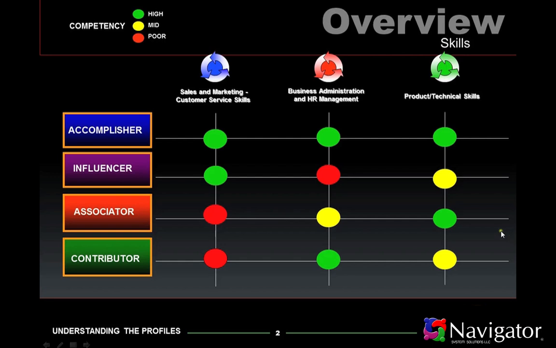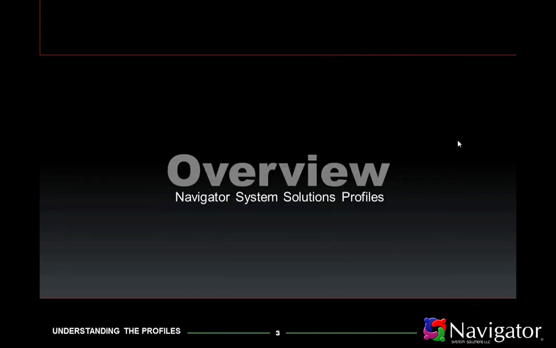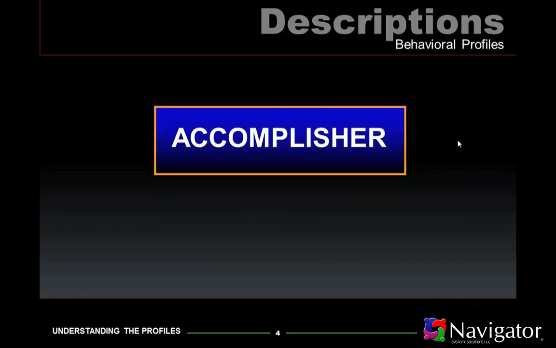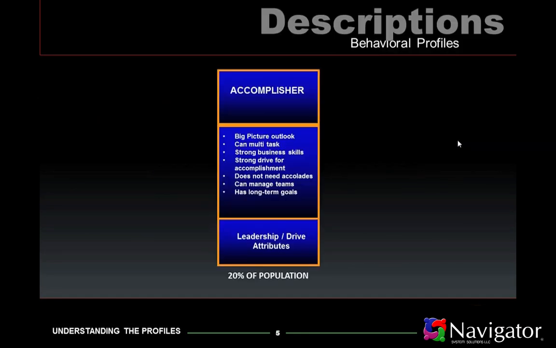They are good at business administration and HR management, and they're also very good at product and technical skills. So as opposed to the other profiles, they are definitely going to hire somebody that represents the skills and competencies that they need in order to achieve their end goal, the results of the accomplisher. So we're going to talk about leadership and drive and the accomplisher.